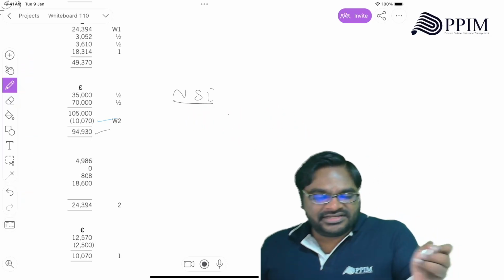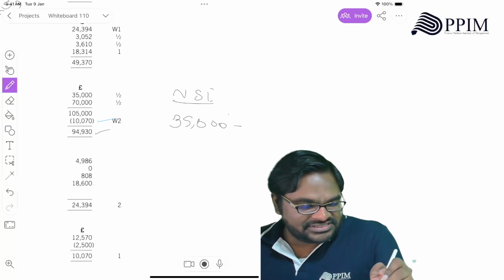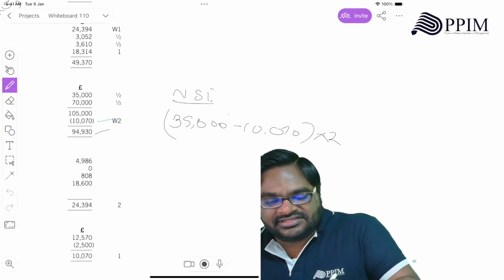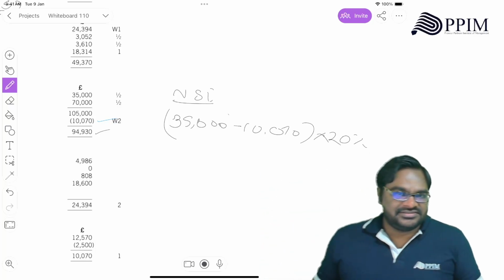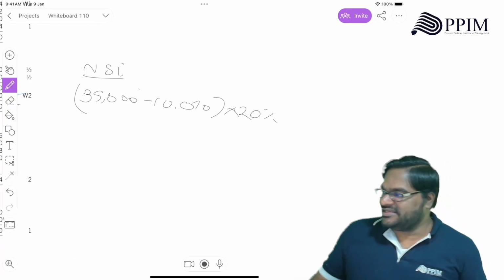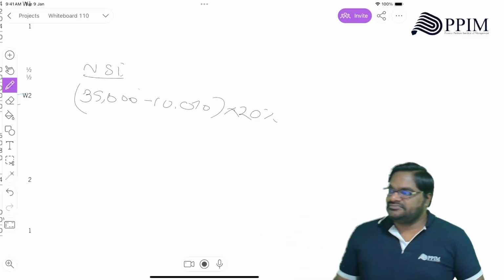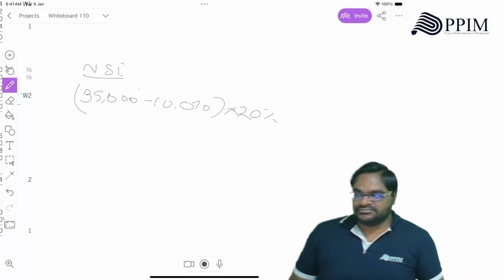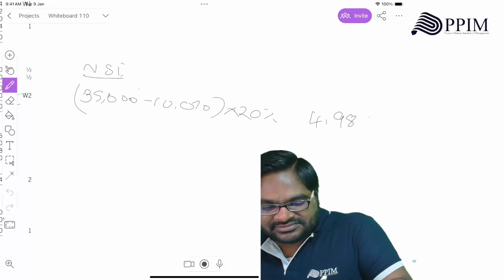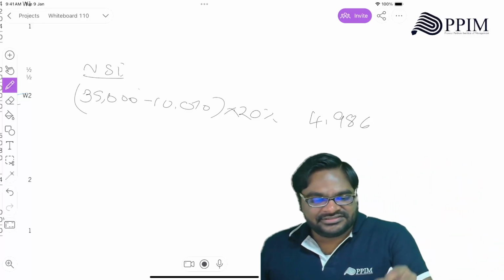So if you take it separately, what will happen is 35,000 minus 10,070, right? This into 20%. This is your non-savings tax. How much is that? 4,986, right? Correct? Right. So that is NSNI.